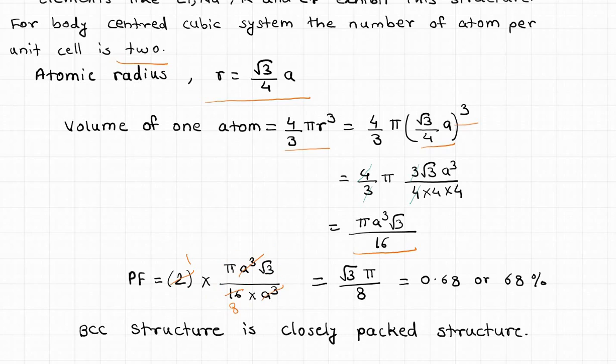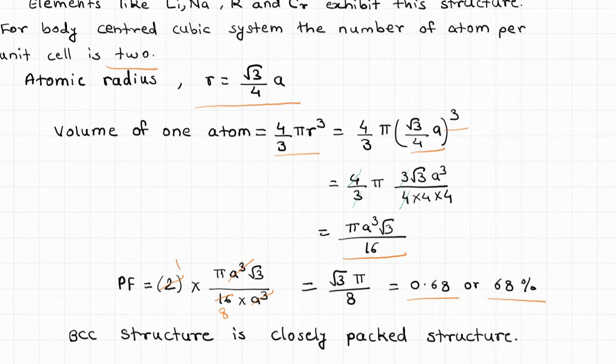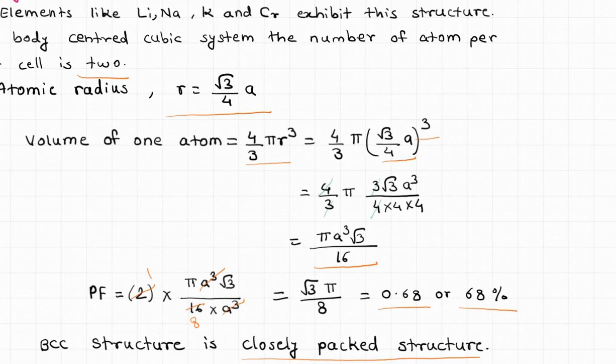Therefore, at numerator root 3 pi and at denominator we will get 8. So root 3 pi divided by 8 is equal to 0.68 or 68%. Therefore, BCC structure is closely packed structure because the packing fraction for BCC is 68%.